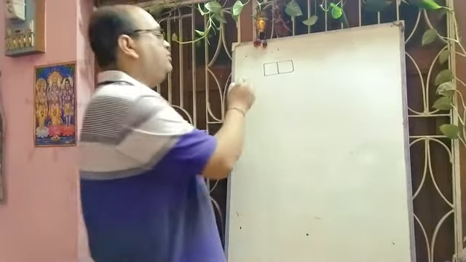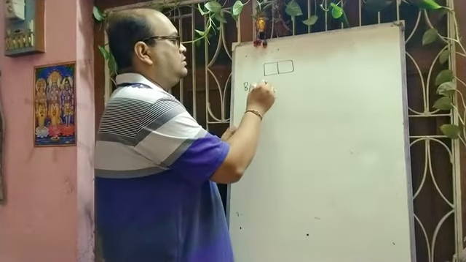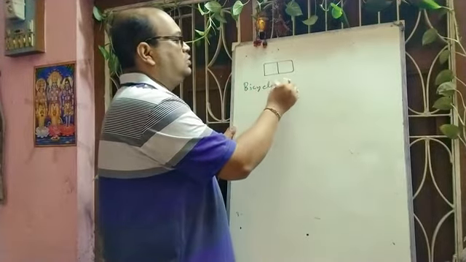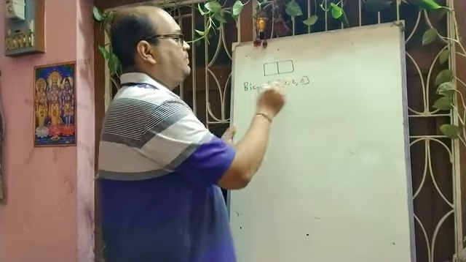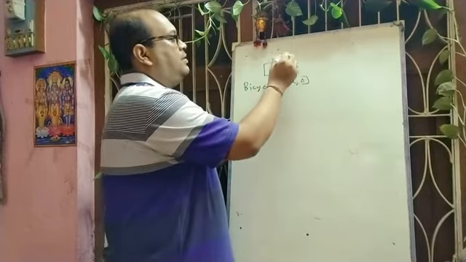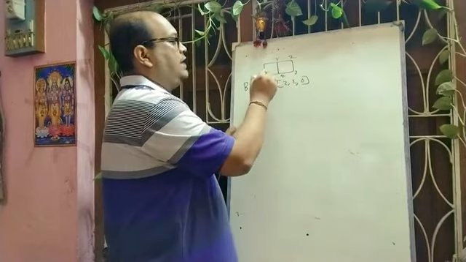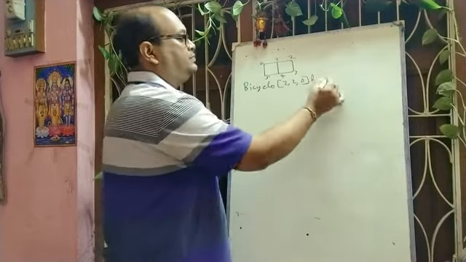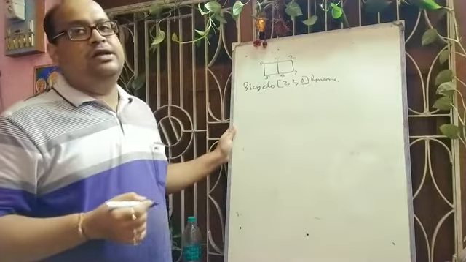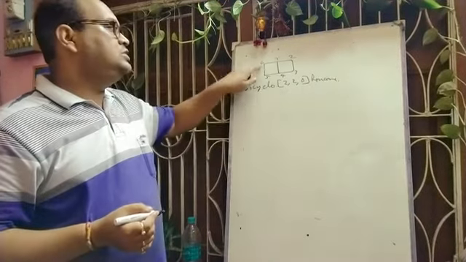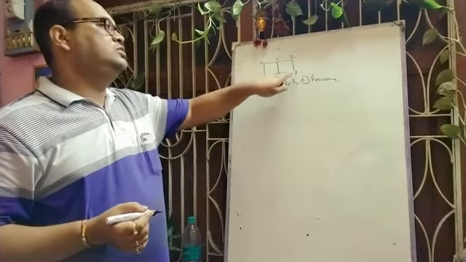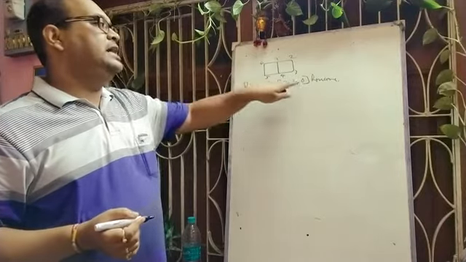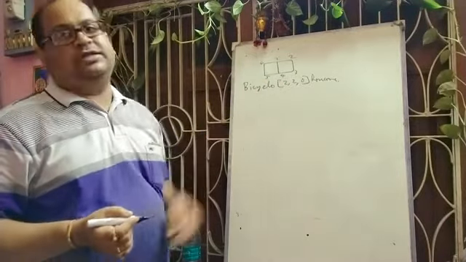Here you have to write bicyclo 2,2,0, and total number of carbon atoms you have to count in this way: 1, 2, 3, 4, 5, 6. Hope you can understand. These two are 2 carbons, and here at the junction 2 carbons are there, and in the middle there is no carbon atom, so that is why 0.